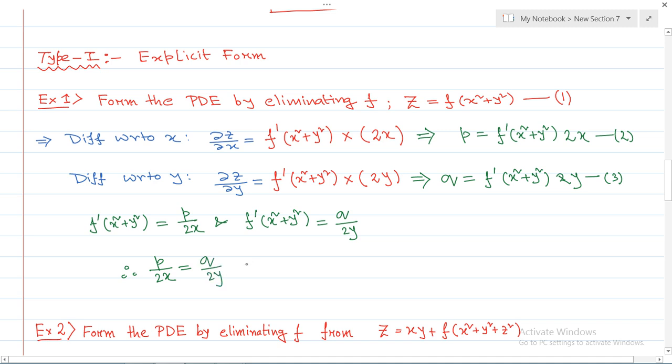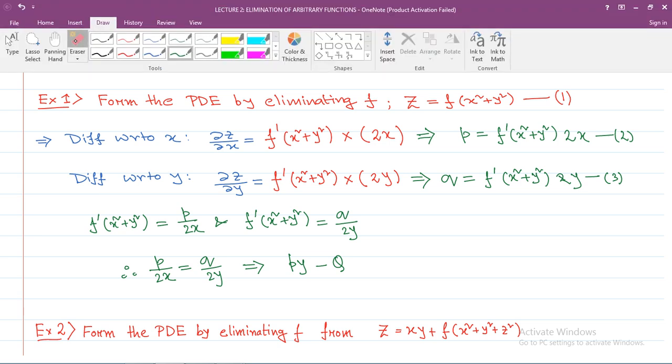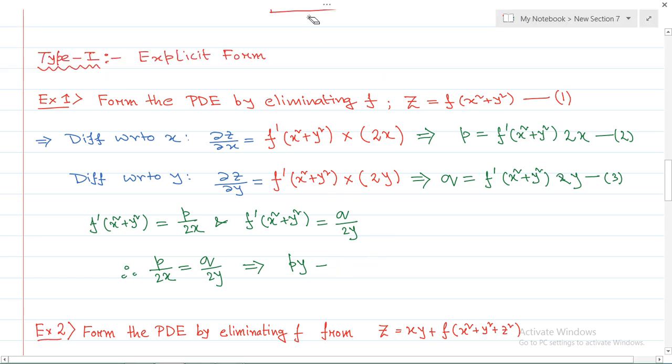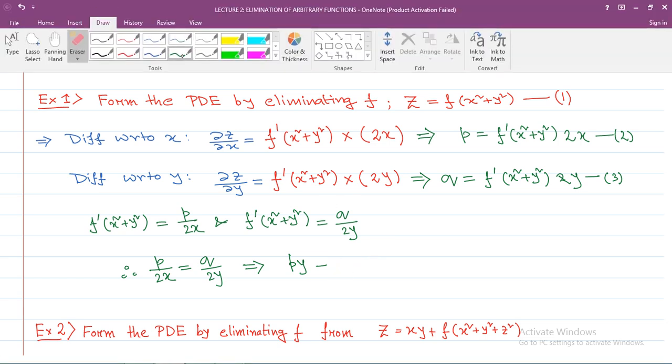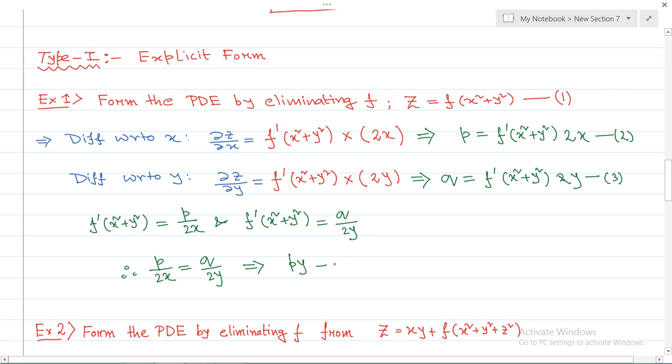So our final answer is py minus small qx equals 0. You can see the structure is coming: capital P into small p plus capital Q into small q equal to capital R. So this is the differential equation that we are receiving here.